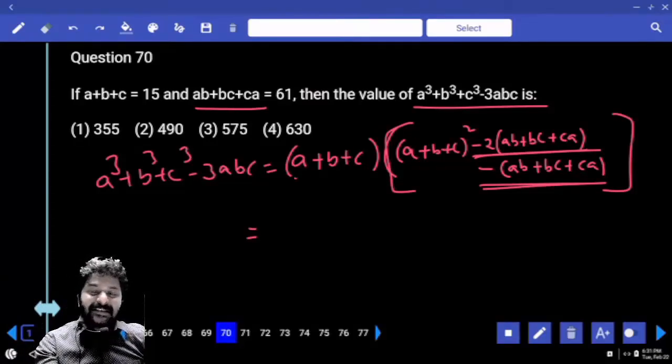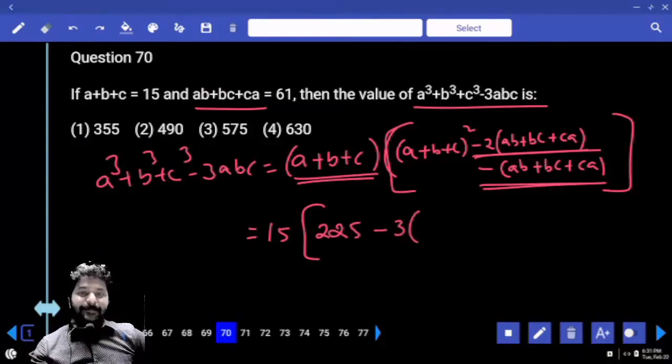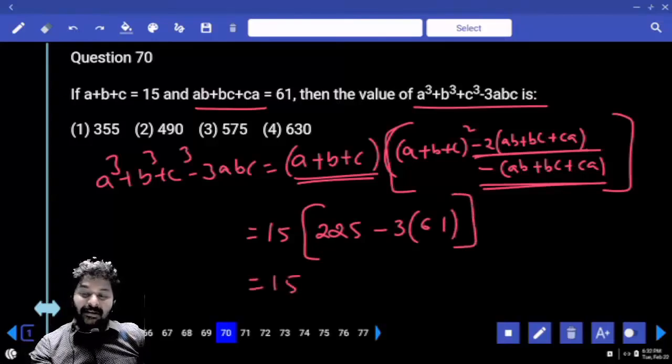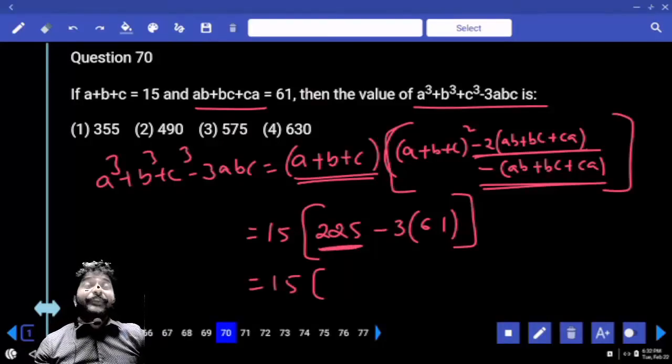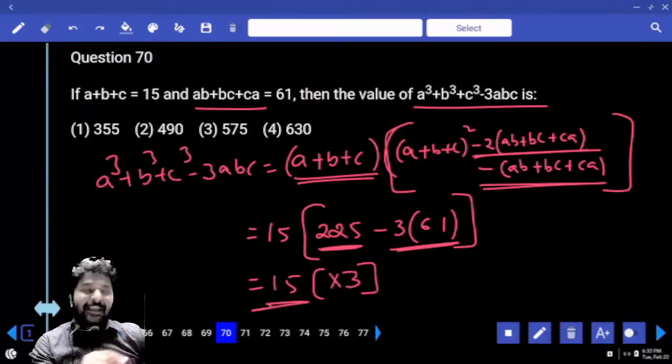What is the A plus B plus C value mentioned? 15. Okay, come on, 15 square is 225, minus 3 times of AB plus BC plus CA, which is 61. 15 is a multiple of 3, 225 is a multiple of 3, 3 times 61 is also a multiple of 3, and the difference is also a multiple of 3, so the number inside the bracket is a multiple of 3, multiplied by 15 we also have, correct?